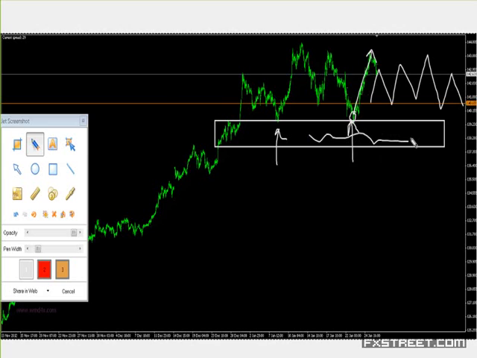As long as she remains above this block, she's a technical long, right? It doesn't matter whether you're 500 pips from that block, or 50 pips from that block, or 5 pips from that block. She's a technical long as long as she remains above this block. And my expectation is that she's going to do something like this. She may even go a little bit deeper into that block, but eventually after this consolidation, she's going to end up breaking north, and at that point we could be looking for another few thousand pips to the upside, right?